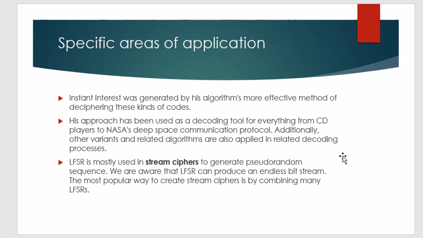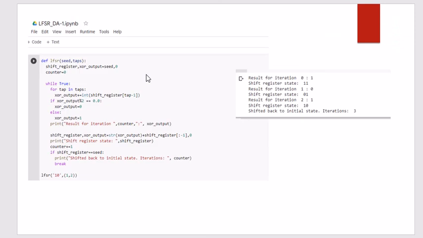LFSR is mostly used in stream ciphers to generate pseudo-random sequences. We are aware that an LFSR can produce an endless bit stream. The most popular way to create a stream cipher is by combining many LFSRs. This is the Fibonacci variant of the LFSR, where we add the previous two terms.